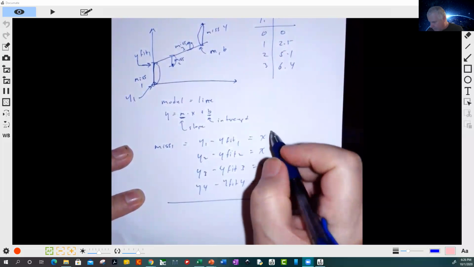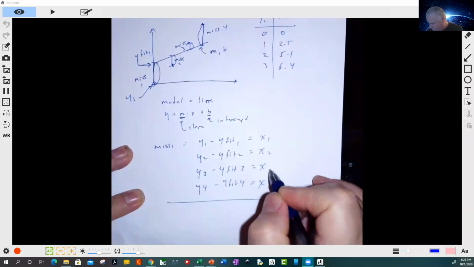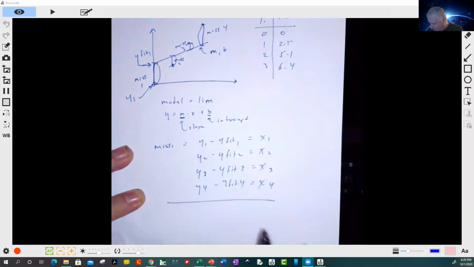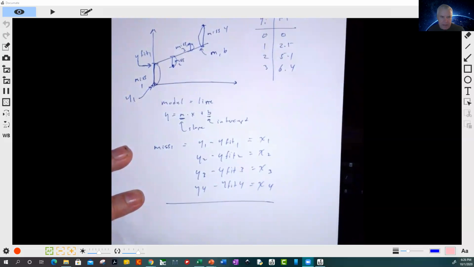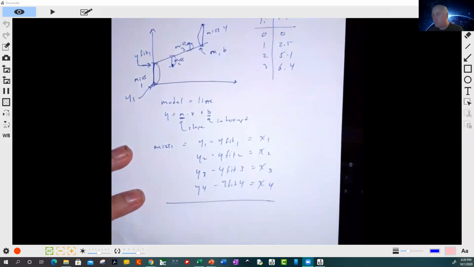This would be chi 1, 2, 3, and 4, right? We could say, well, let's take the sum of those chi values, right? But what's the problem with that? Does anybody know what the problem with that is?